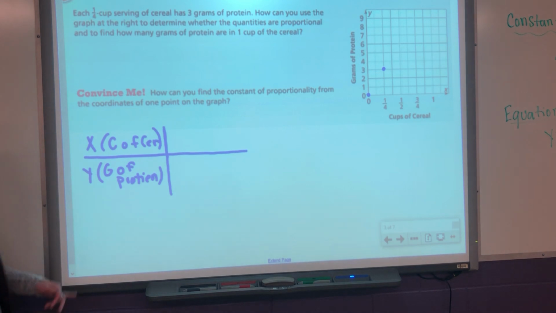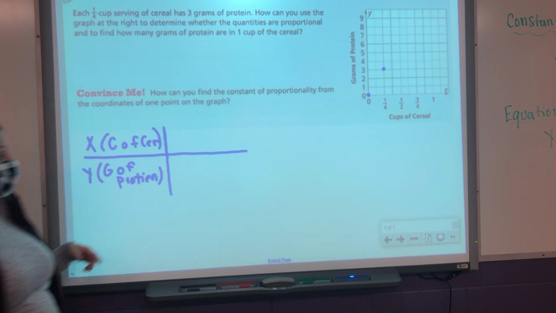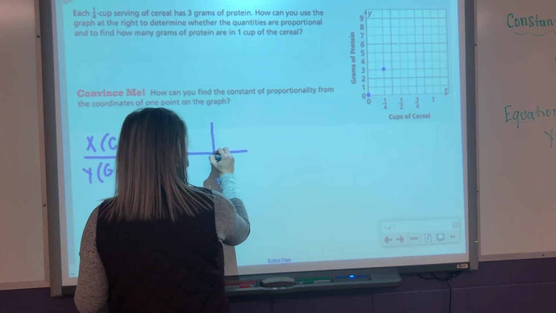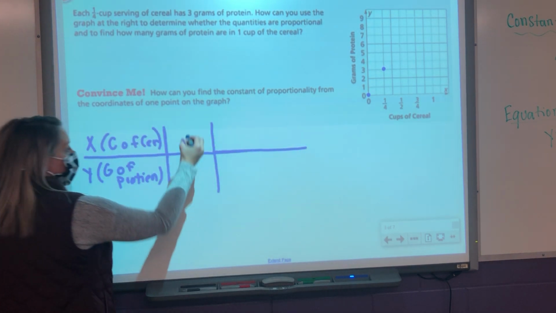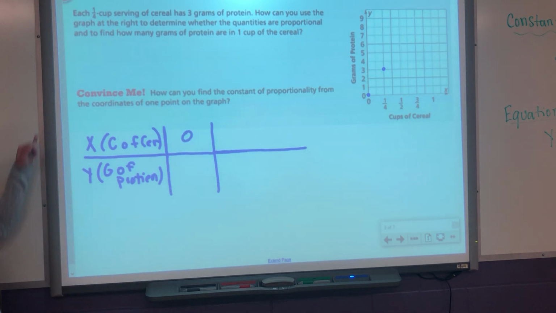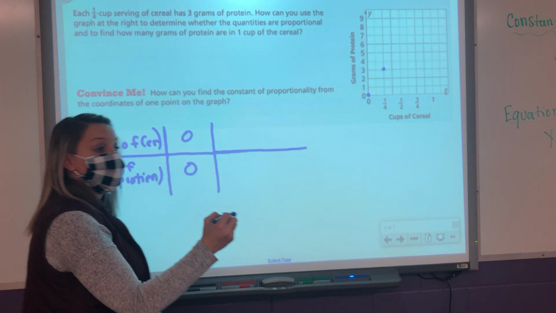So the amount of protein we get depends on how many cups we consume, correct? So our protein depends on our cups. So we know if we eat 0 cups of cereal, then we're going to get what? 0 grams of protein, correct?